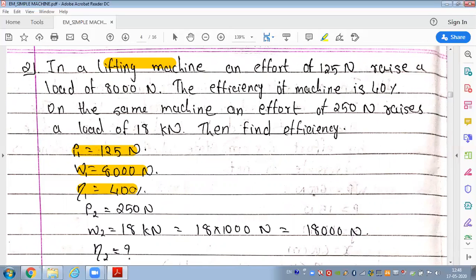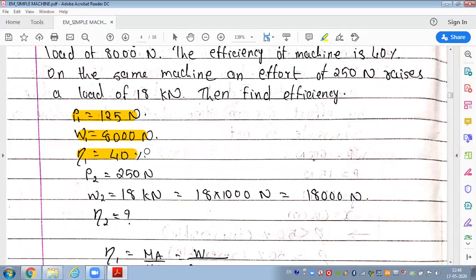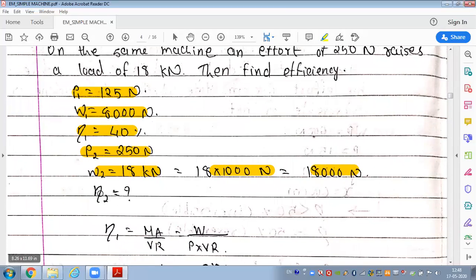On the same machine, a second effort P2 of 250 Newton raises a load W2 of 18 kilonewton. Multiplying by 1000, it is converted into Newton. Then find the efficiency, so here you have to find the value of eta 2.